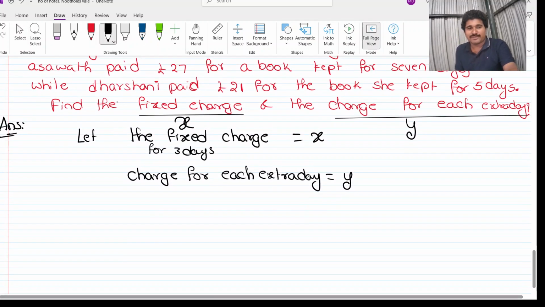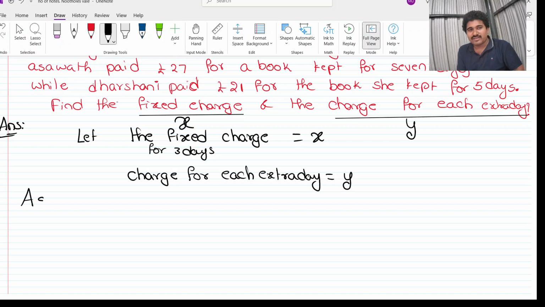Aswati kept the book with him for 7 days. Yes or no?